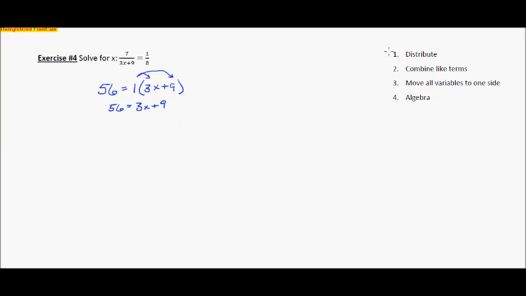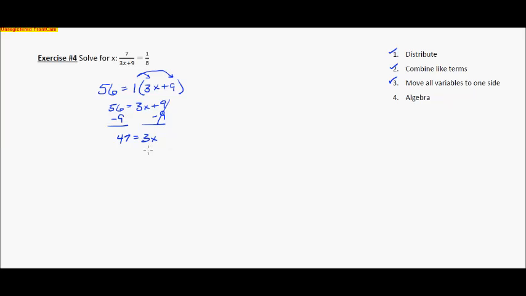And I've done my distribution. There's no like terms to combine over here, so I've done that. All the variables are on one side, so I've done that. All I have left is to do my algebra, so I'm going to take away 9 from both sides. Those go away, leave me with 3x. 56 minus 9 is 47.